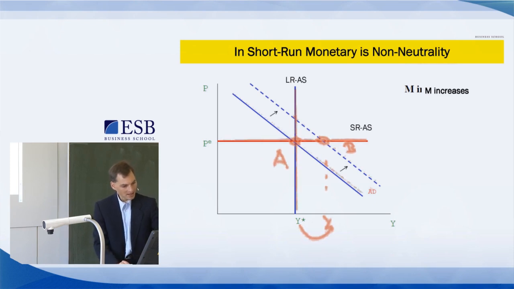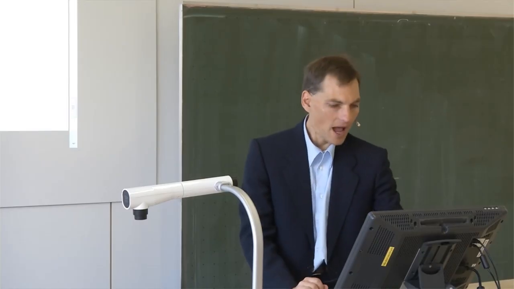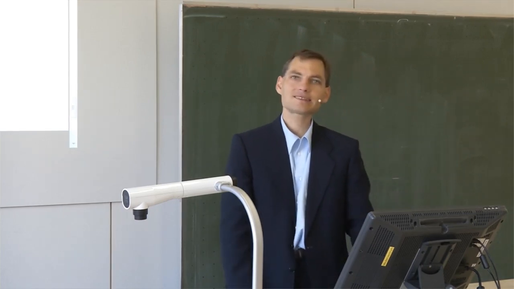But what we can see immediately in the long run, obviously, so this is now my new AD, the demand curve. And in the long run, obviously we are here, the intersection of demand and my long run supply curve. So in the long run, output is not affected. We are back to the initial output. However, what is different in the long run, we have a higher price level.